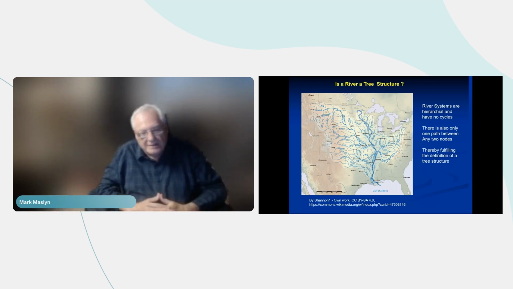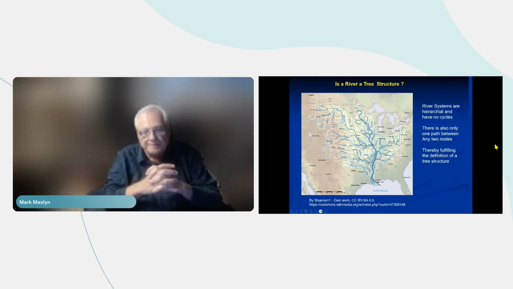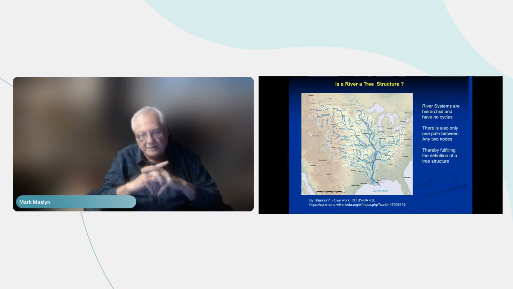This is a picture of the Mississippi River. And of course, the Mississippi River is the largest of all the rivers in the United States, going all the way from Ohio on up into Idaho and Montana. And if we look at it, we see that river systems fit the definition of a tree structure.